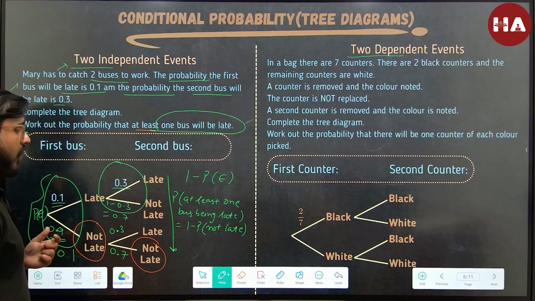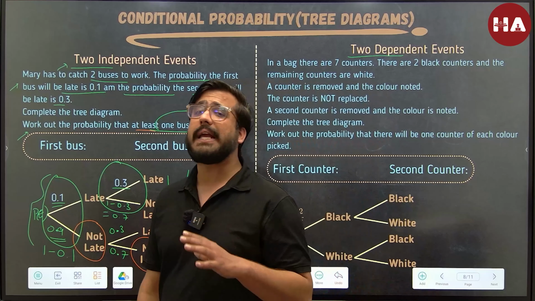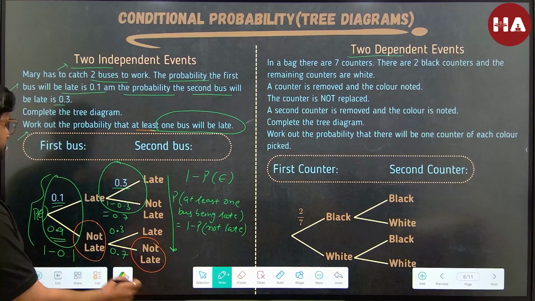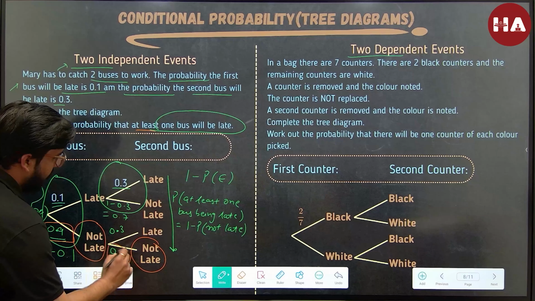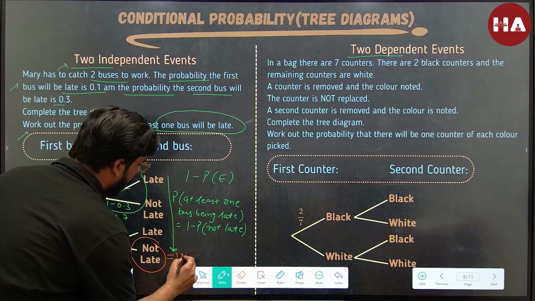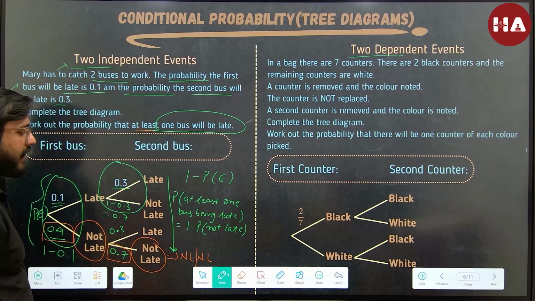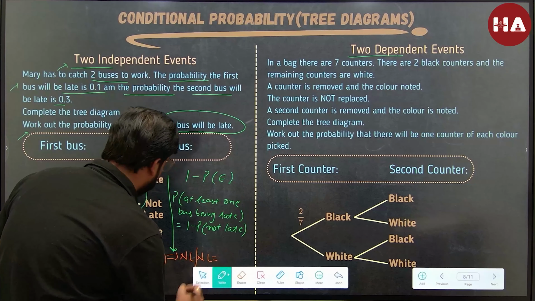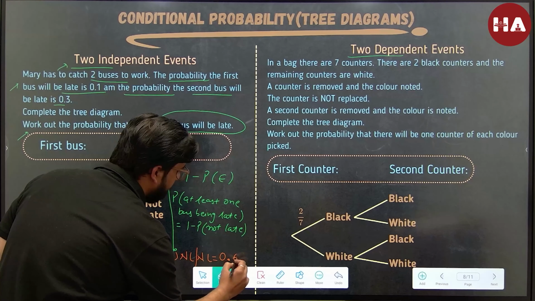What to do in these types of questions? You just have to apply the AND rule. This will be 0.9 multiplied by 0.7. I am representing not late as NL. So 0.9 into 0.7 is 0.63.